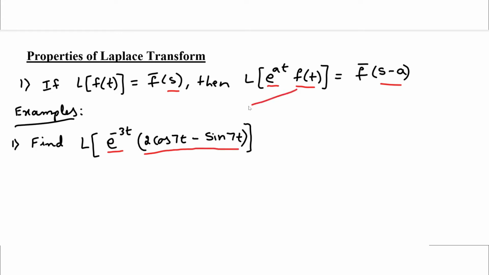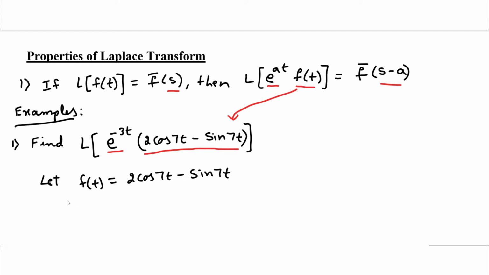So let us take the value of f of t to be equal to 2 cos 7t minus sine 7t.